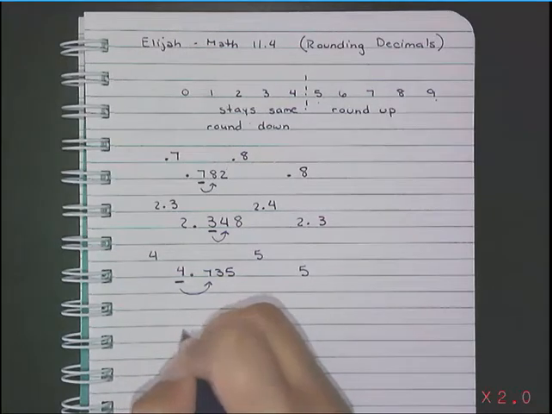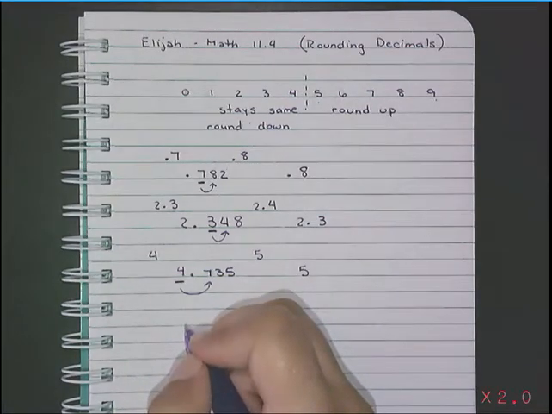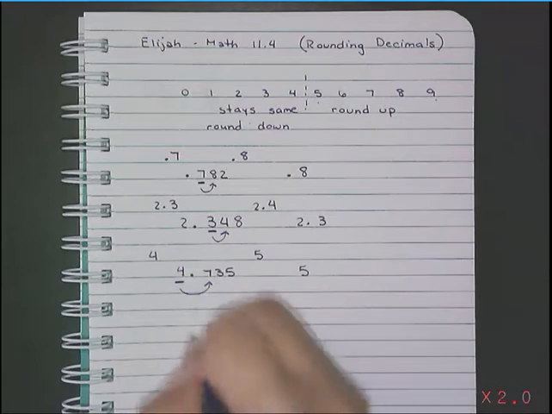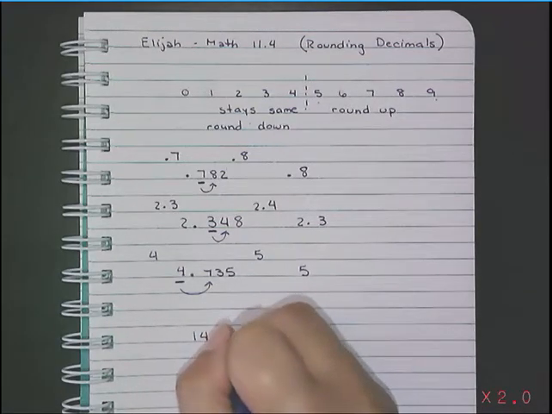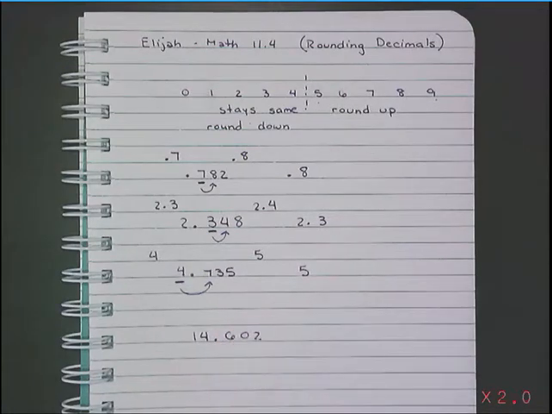Let me just write down one from the examples. If we have 14.602, because you're not going to get any farther than that. Remember, reviewing place values, our 1 is the tens, our 4 is the ones, the 6 is in the tenths place, the 0 is in the hundredths place, and the 2 is in the thousandths place.